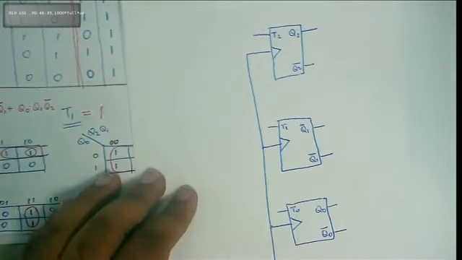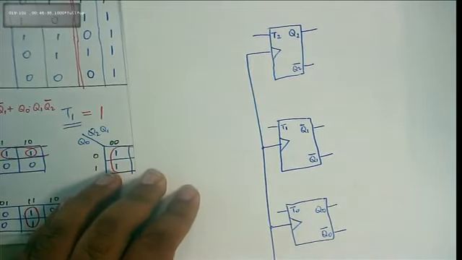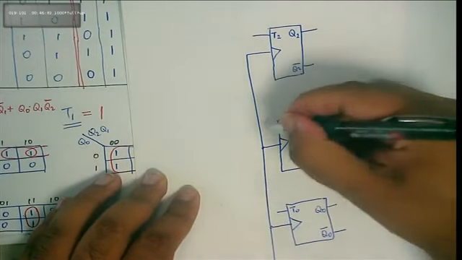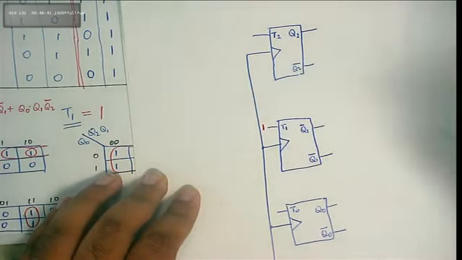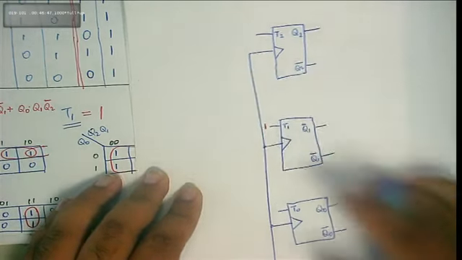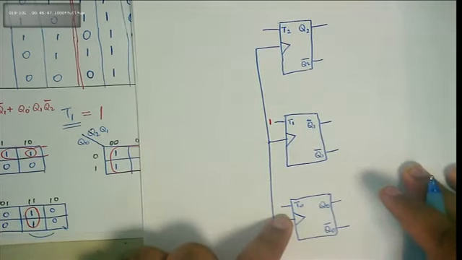Now let's hook it up. T1 is probably the easiest. Why? All we've got to do is supply a logic 1. No hassle about that. Now let's look at T0. Let's do the easy ones first. T0 has a simple AND gate of Q1 and Q2, right?